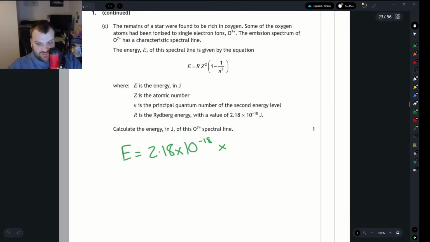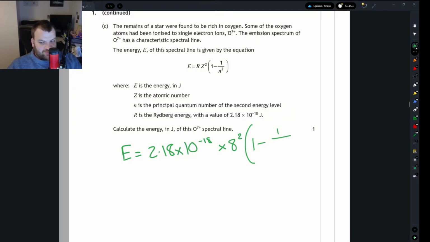So we have got to multiply that by 8 squared. Open some brackets. We have 1 minus 1 over the principal quantum number of the second energy level. Well, second energy level's principal number will be 2. So it will be 2 squared. We can start to work it out, or we could just make the calculator do all the work.